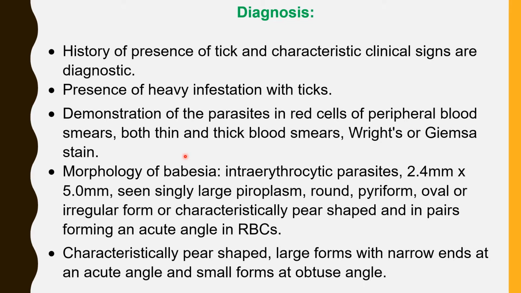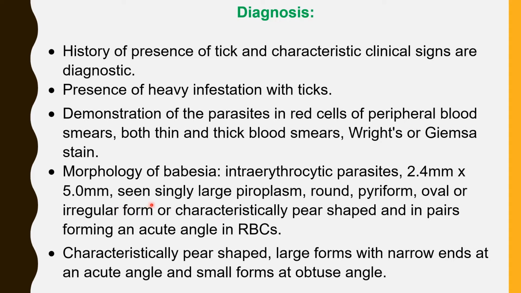The most common characteristic is the morphology of Babesia, intra-erythrocytic parasites. The size is 2.4 to 5 micrometers, quite big in size.